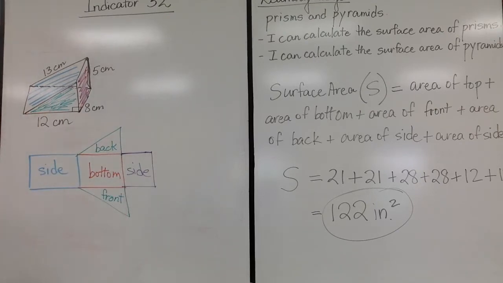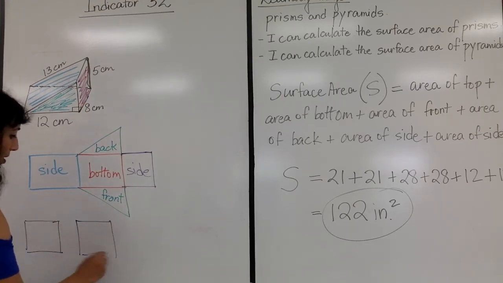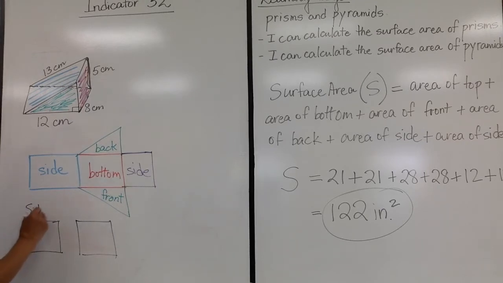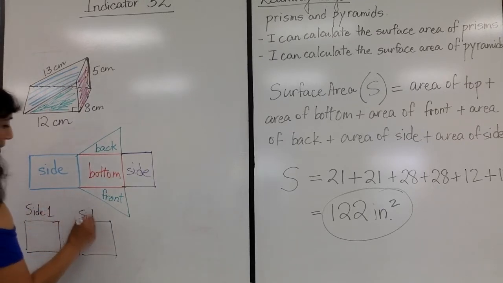Okay, so remember this has 5 faces, 3 rectangular, 2 triangular. That means I have to find those 5 faces. I can easily break it apart to make it easy on myself. I know I have the side, I have another side. So this is side 1, side 2.